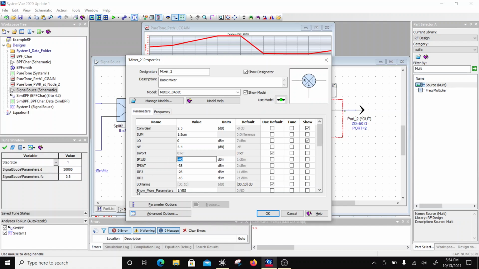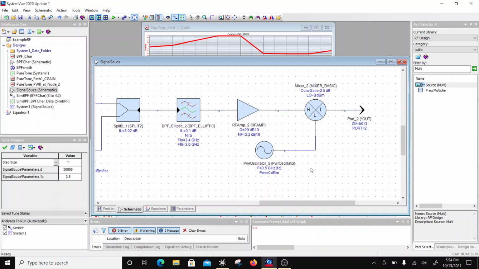So this would be around 10, and from the previous stage, and then IP set is roughly going to be 15, and this is going to be 22, or let's say in this case 25. Let's make this 12 and a half, or 12, some margin, right? So let's put 12. So this one is going to be 12 dB above that, so it will be 24, and another 12 dB will be 36. So this is how the mixer is going to be behaving, and this is going to be a difference frequency.